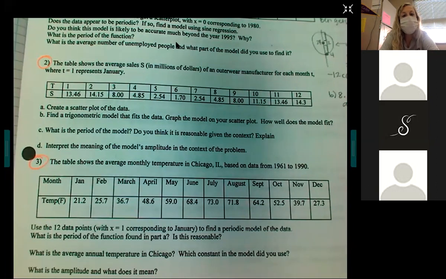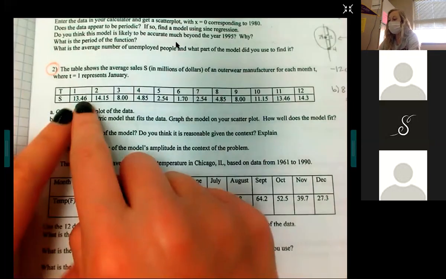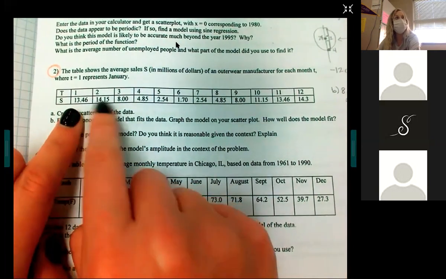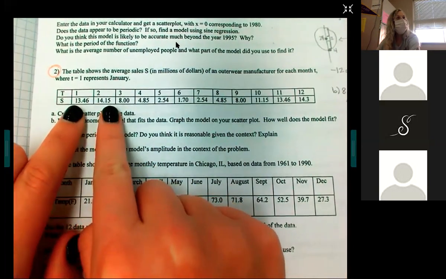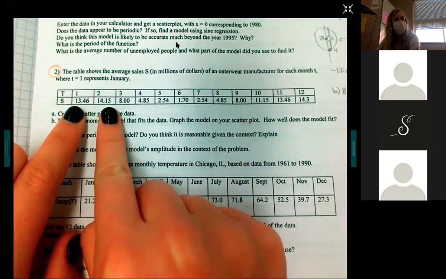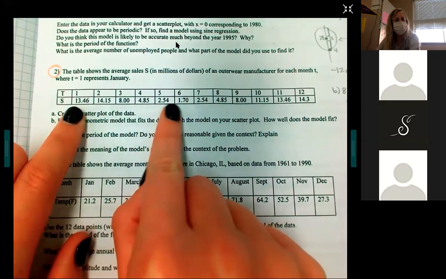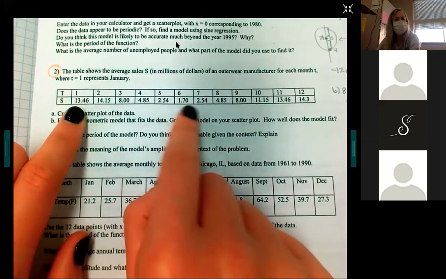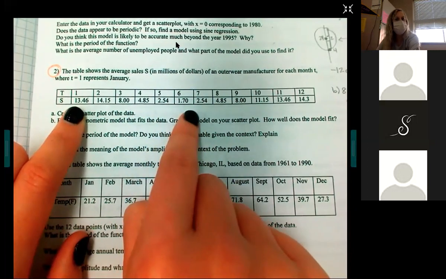All right, so it says the table shows the average sales in millions of dollars of an outerwear manufacturer for each month T, where T equals 1 represents January. It makes sense that they would sell a lot of outerwear in January and February, doesn't it? Why? Because it's cold. Then we start getting to May, June, July. There ain't that much because it's hot.